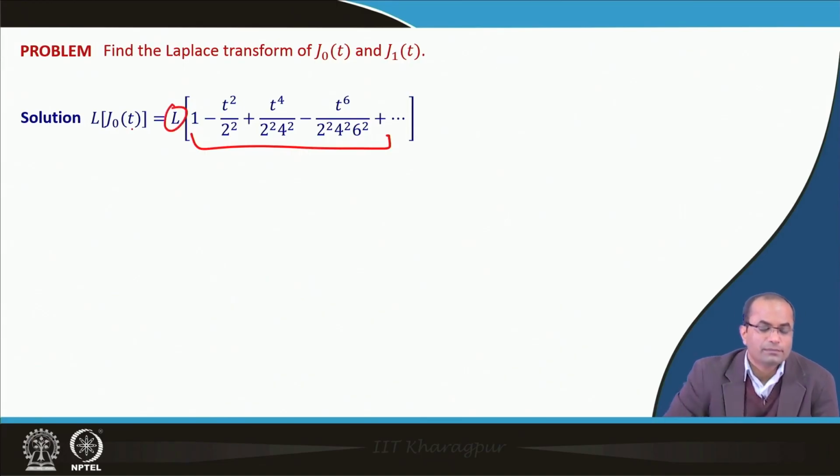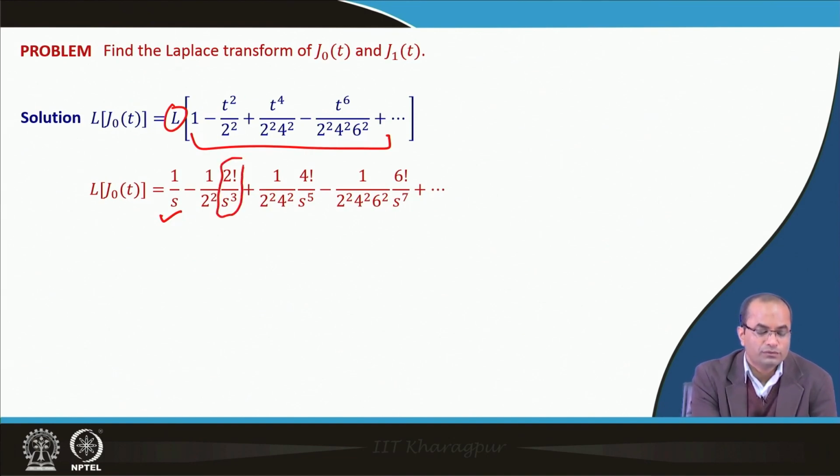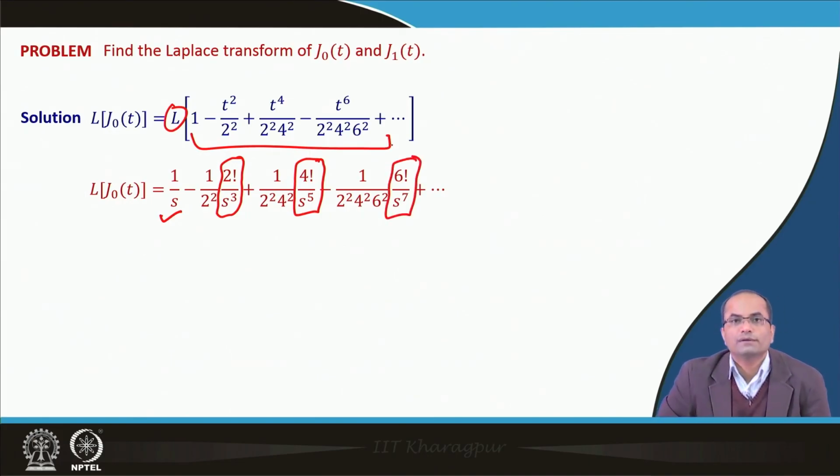Now we will apply the Laplace transform term by term, and so we will get the Laplace transform of 1, which is 1 over s, the Laplace transform of t squared, which is factorial 2 over s cubed, the Laplace transform of t^4, factorial 4 over s^5, and the Laplace transform of t^6, which is factorial 6 over s^6.